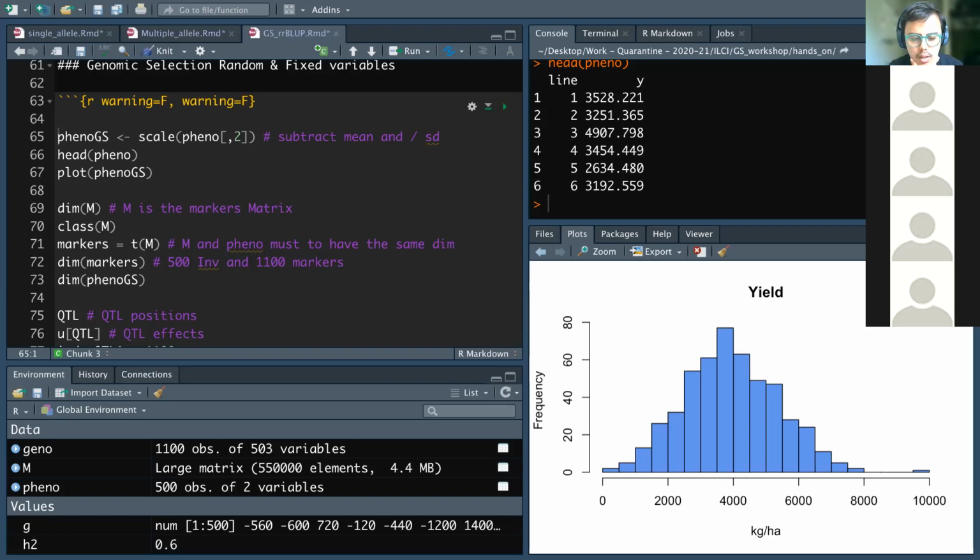For the genomic selection, I would like to predict for an untested environment.